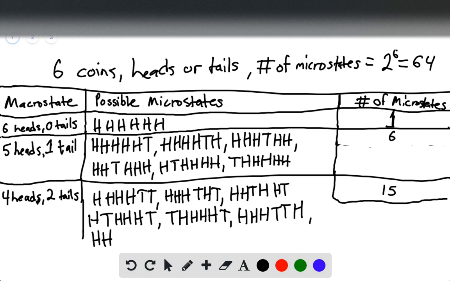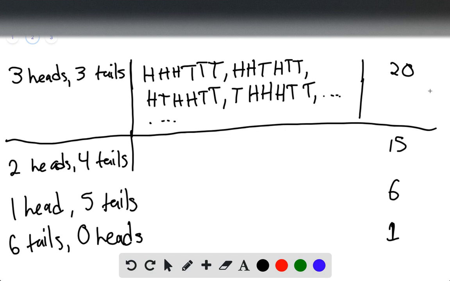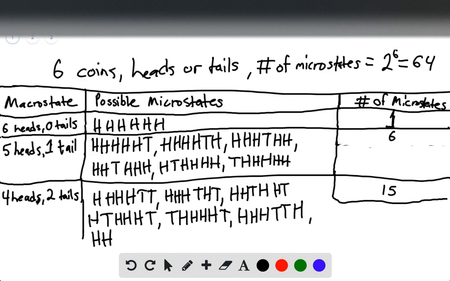So again, we're going to have to just draw out this table. However, a hint: once you get past 3 heads, 3 tails, 2 heads, 4 tails, 1 head, 5 tails, and 6 tails, 0 heads, that is going to be a lot easier because then you can just reverse the order of the first 3 sections that you have here.